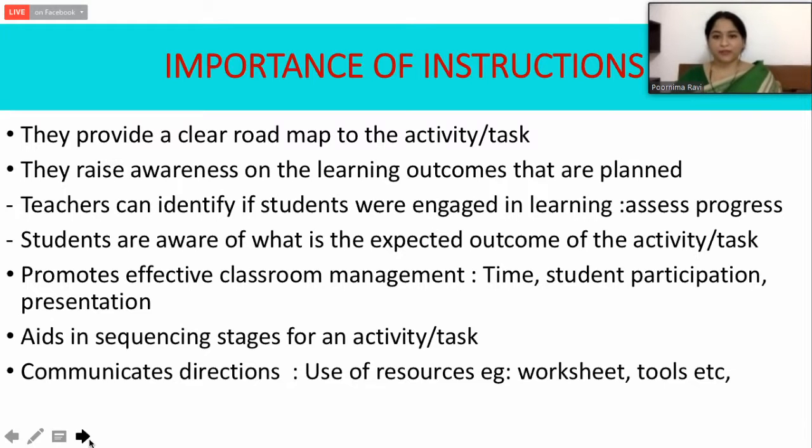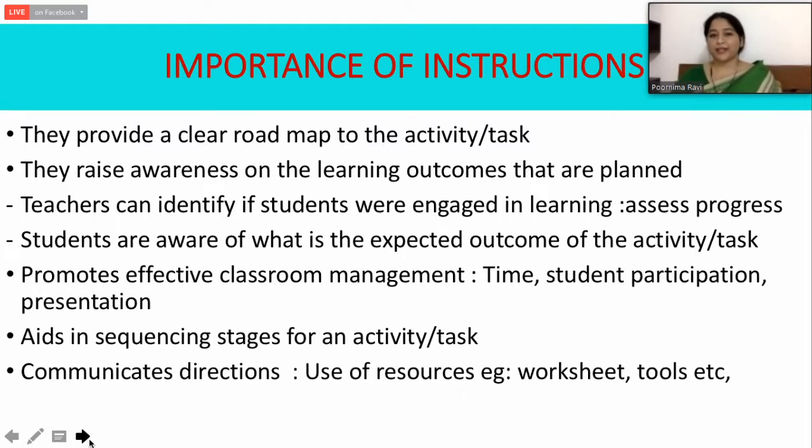Some such information is time, student participation, whether they will be doing pair work or group work, or if they're going to work individually, and how they are going to present the task. Will they be expressing through a debate or a discussion, or would they step forward and discuss in front of everyone? So these are key areas of classroom management as to how you manage your students. It also aids in sequencing stages for an activity or a task.